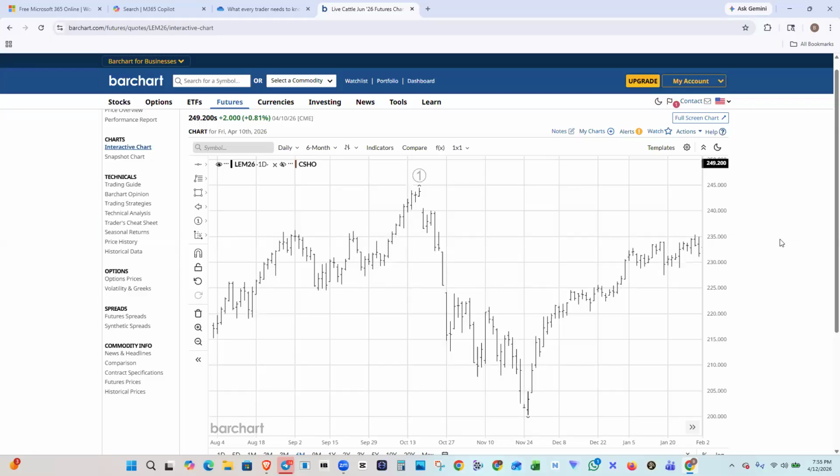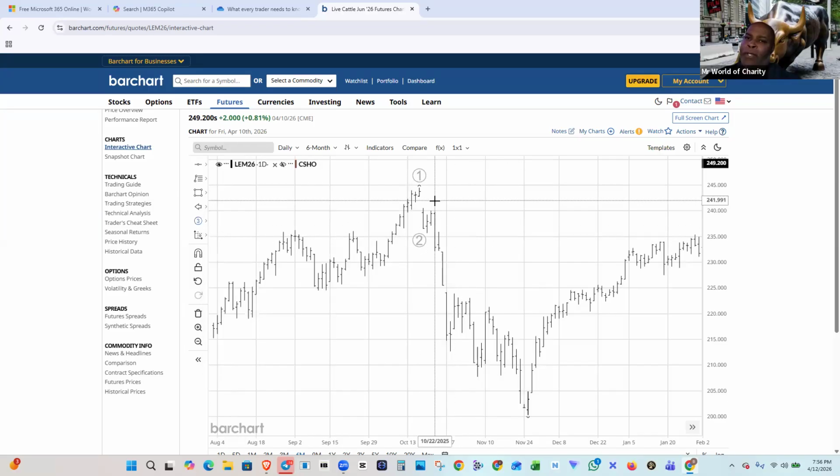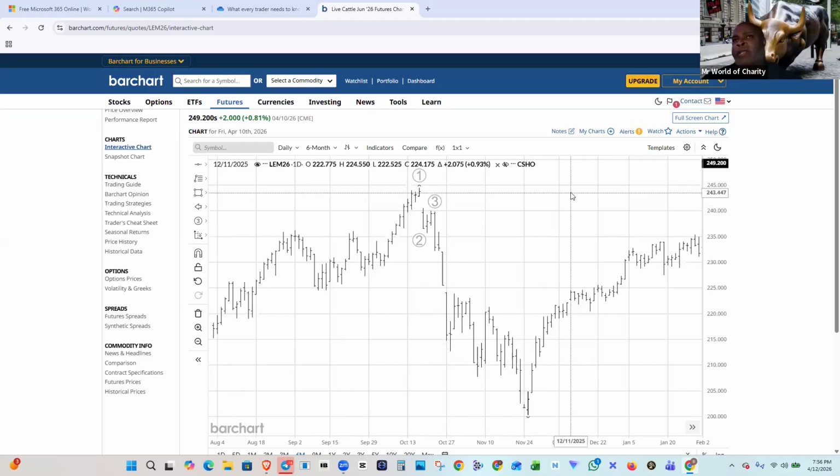But anyway, there's some other problems going on here, but you'll see a 1, 2, 3 top formation form. So if you want to go ahead and do the 2 and 3. Barbara, real quick, if I didn't know what the highest price or the lowest price on the chart was, how would I be able to recognize it?